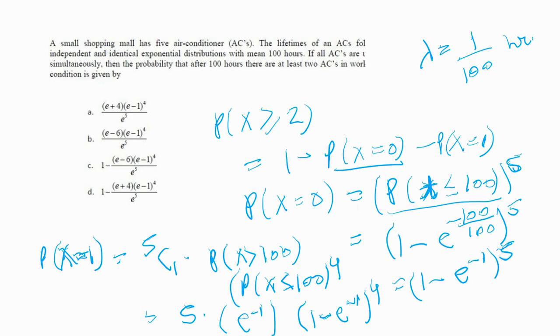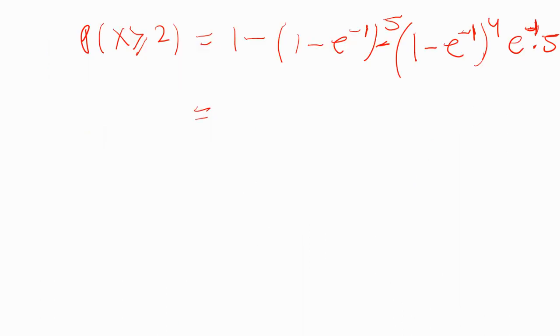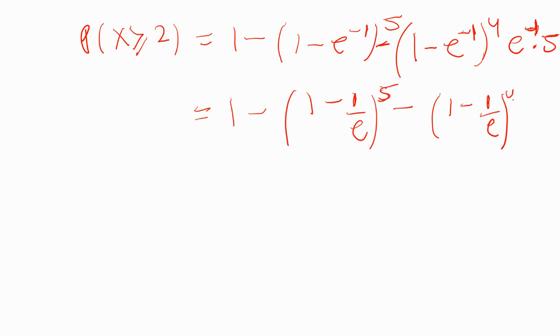So now we need the answer in this form. So what we will do is take this form: 1 minus (1 minus 1 upon e) to the power 5, minus 5 times (1 upon e) times (1 minus 1 upon e) to the power 4.